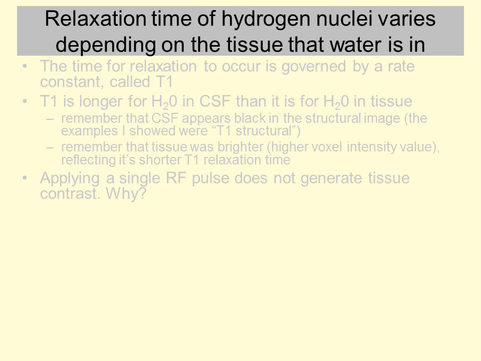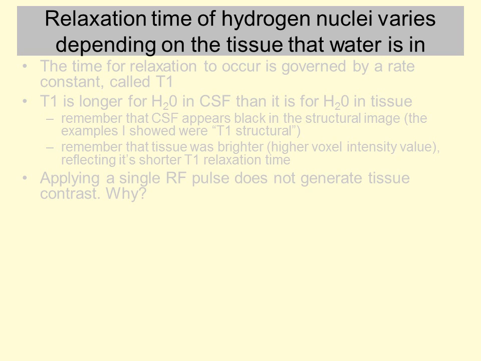The reason that the amount of current received by the coil is dependent on the tissue type that occupies each voxel is because the relaxation time of hydrogen nuclei varies depending on the tissue that those hydrogen nuclei, i.e. the water, is in.